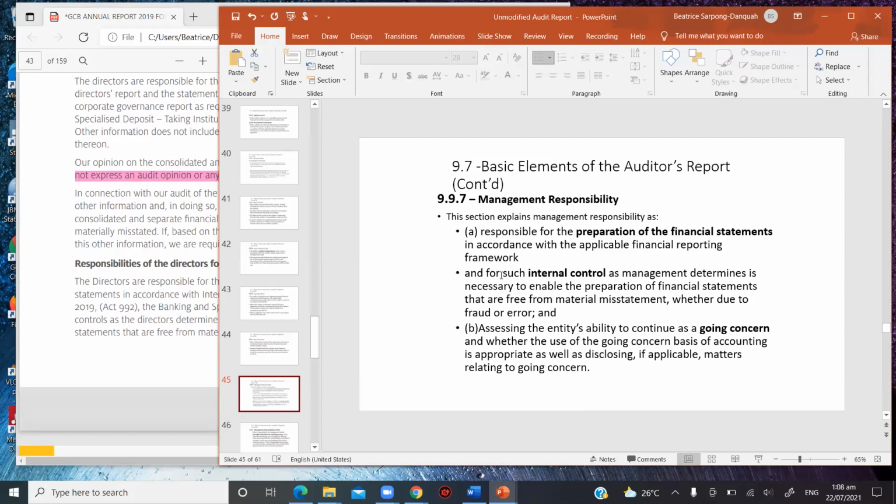And they will also stress internal control, the fact that internal control is supposed to be management responsibility. Internal control, as management determines, is necessary to enable the preparation of the financial statements. So here he's telling you that the internal control is the responsibility of management.